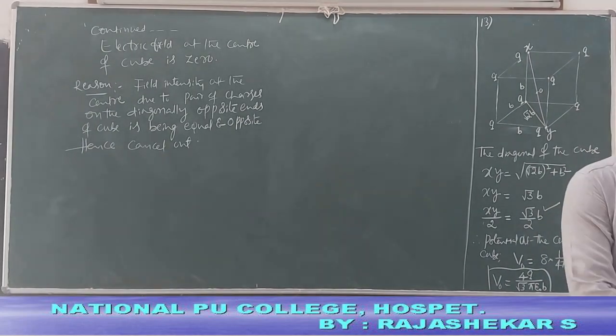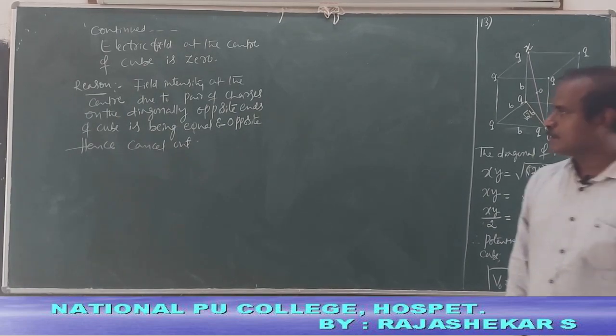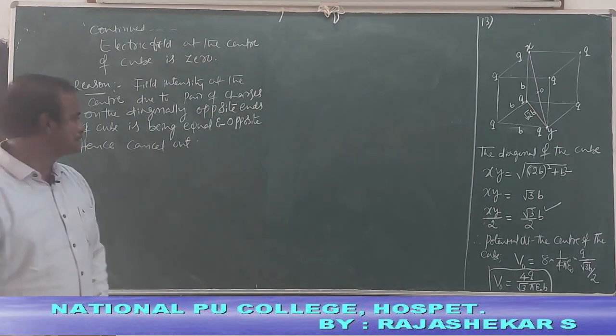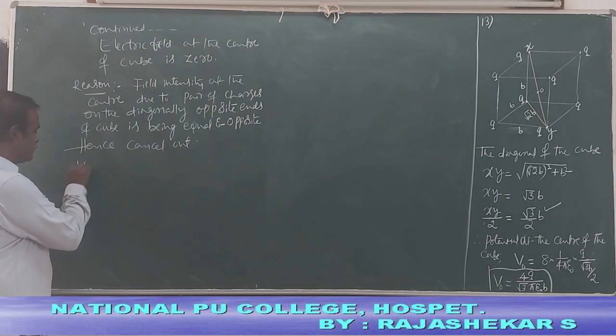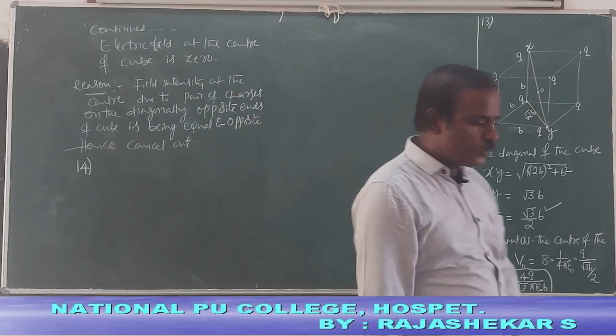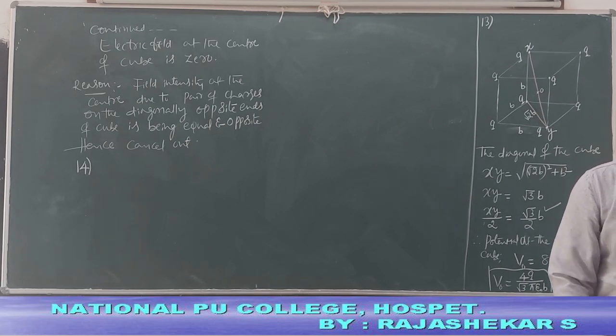Well, students, now refer question number 14. Question number 14, if you refer, what is question number 14, students? You read carefully question number 14. Here 2 tiny spheres given and they are carrying charges 1.5 and 2.5 microcoulomb, and they are 30 centimeter apart.